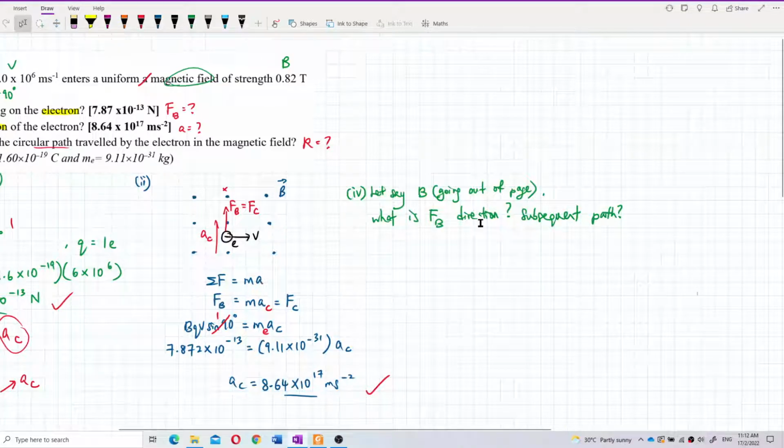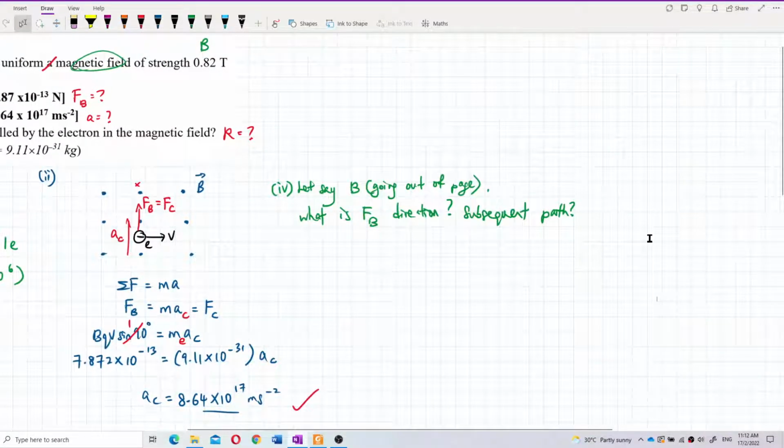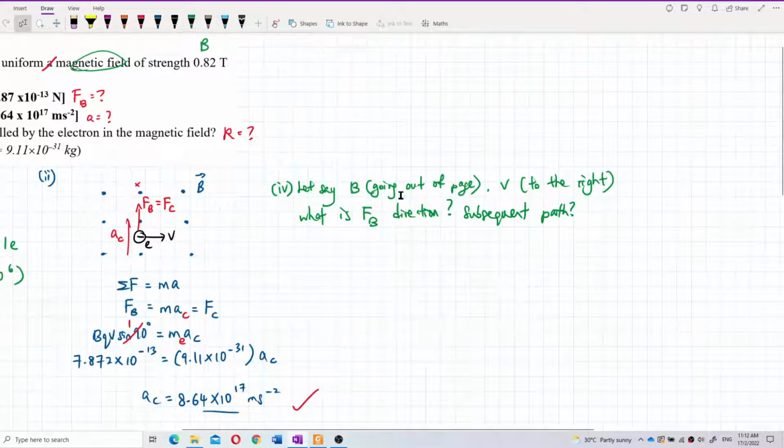And what is the subsequent path? Let's say the charge is moving, initially the velocity is moving to the right.